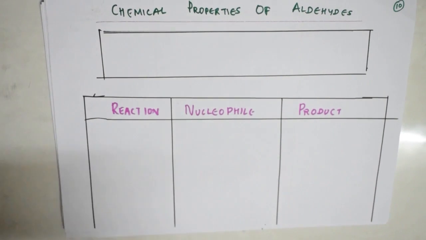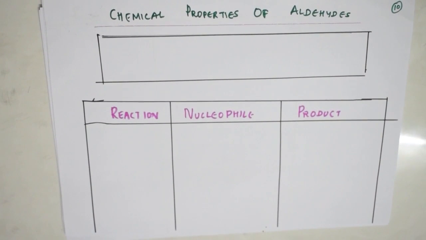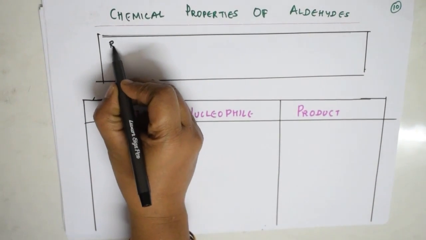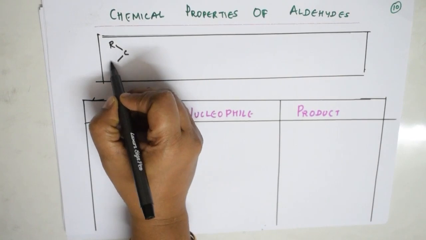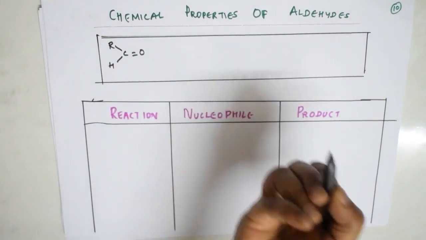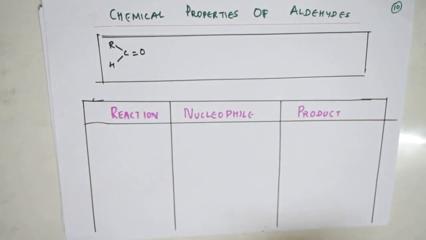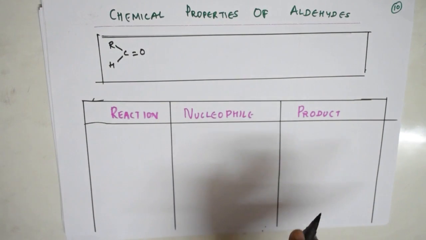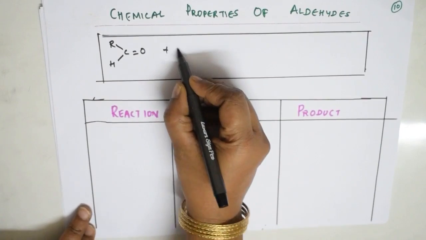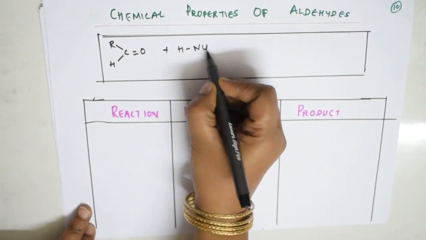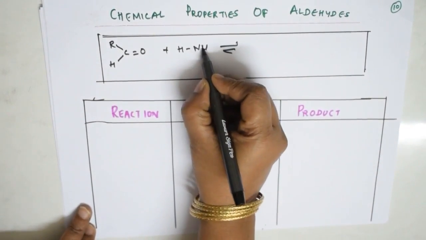See here. When you see the chemical properties, let us take an aldehyde with an alkyl group. In the chemical properties, nucleophilic addition as well as nucleophilic addition-elimination reactions will happen. Let's see. Here I'm going to add a nucleophile to this. Nu is a nucleophile.